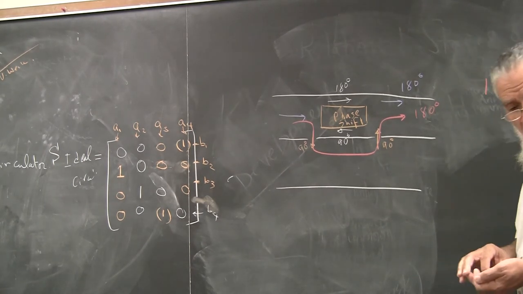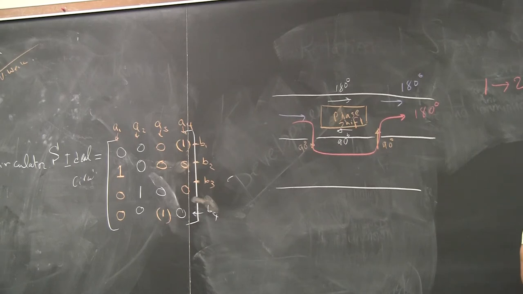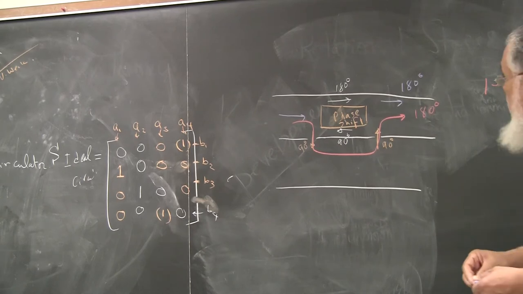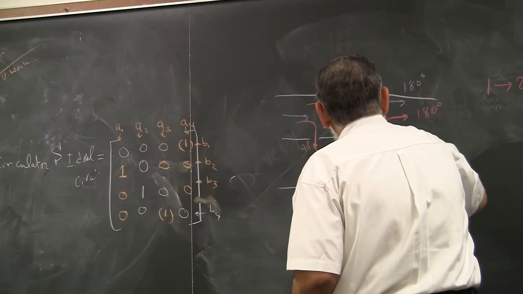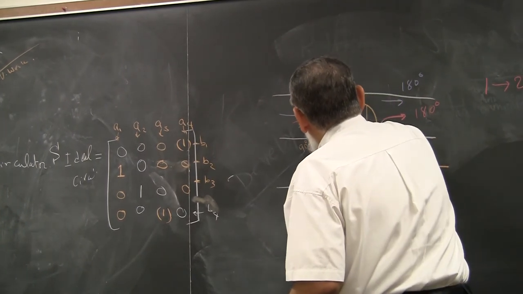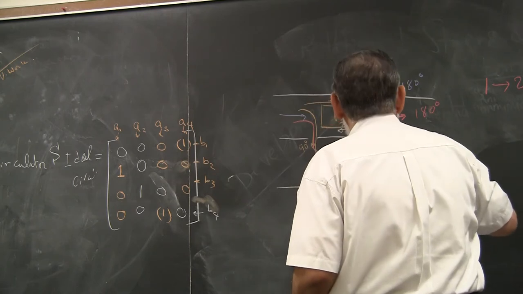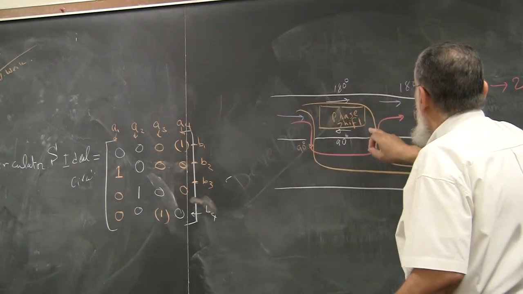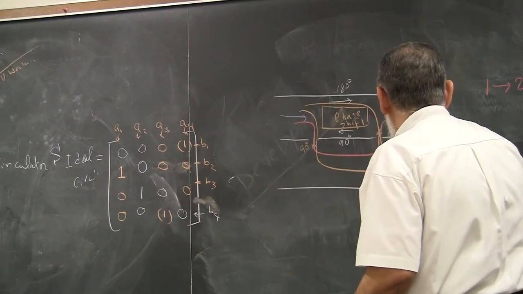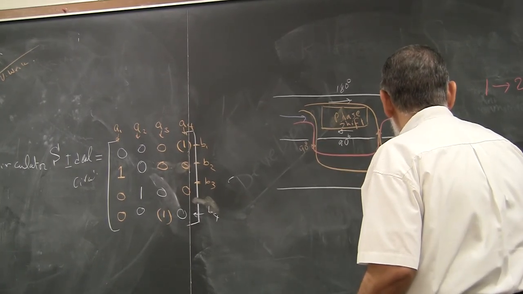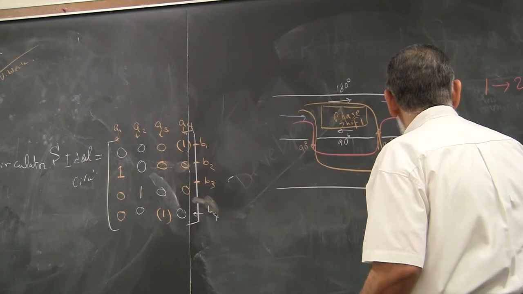Meanwhile, if you look at the signal here and the signal there, you will see this one goes 180 and 90, that's 270, and this one only goes through 90. So these two subtract.